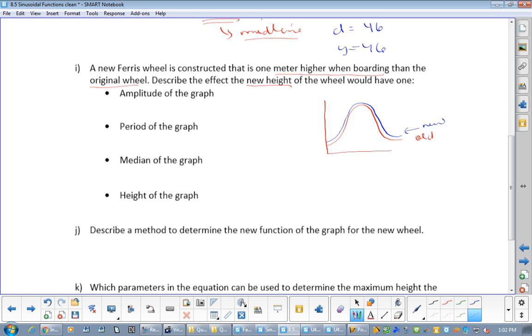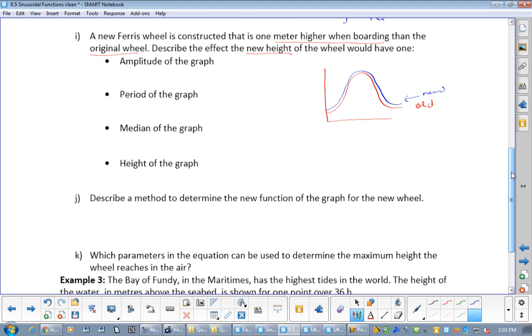Okay, well, let's just go through these. The amplitude, would it change or be the same?